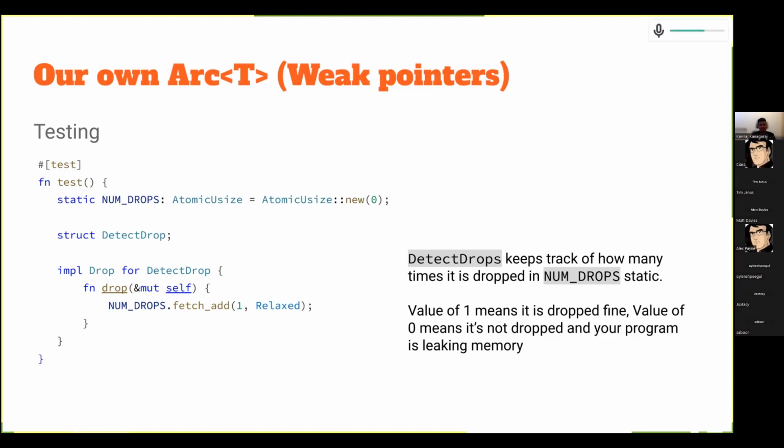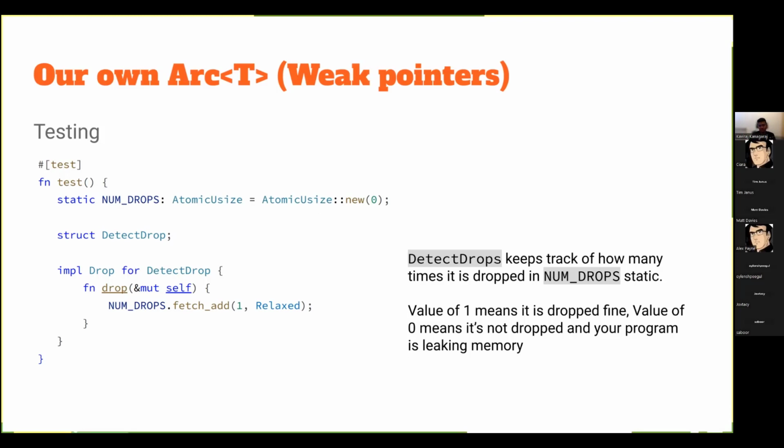So this is the same setup test we use for testing our basic reference counting. We still have this DetectDrop struct with a custom drop method, which keeps track of how many times this drop is called, meaning whether this DetectDrop is actually being deallocated, right?